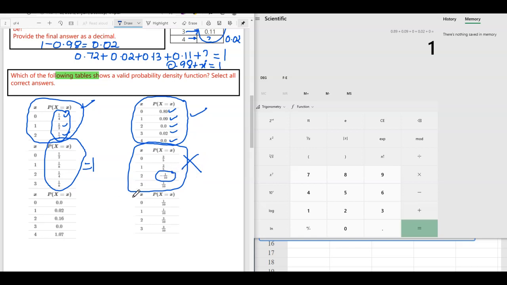So the only thing you have to look at is to see if all the probabilities add up to a 1 and see if you have any negative probabilities, because you cannot have a negative probability. Why? Remember, probability is from 0 all the way to a 1 inclusive. That means I can have a 0 as my probability, I can have a 1 as my probability, but nothing greater than a 1 or less than a 0.